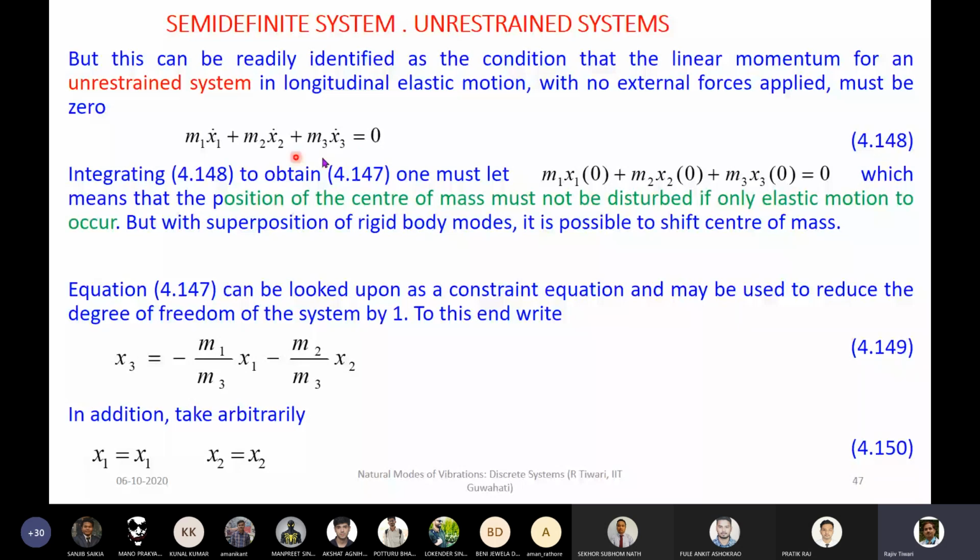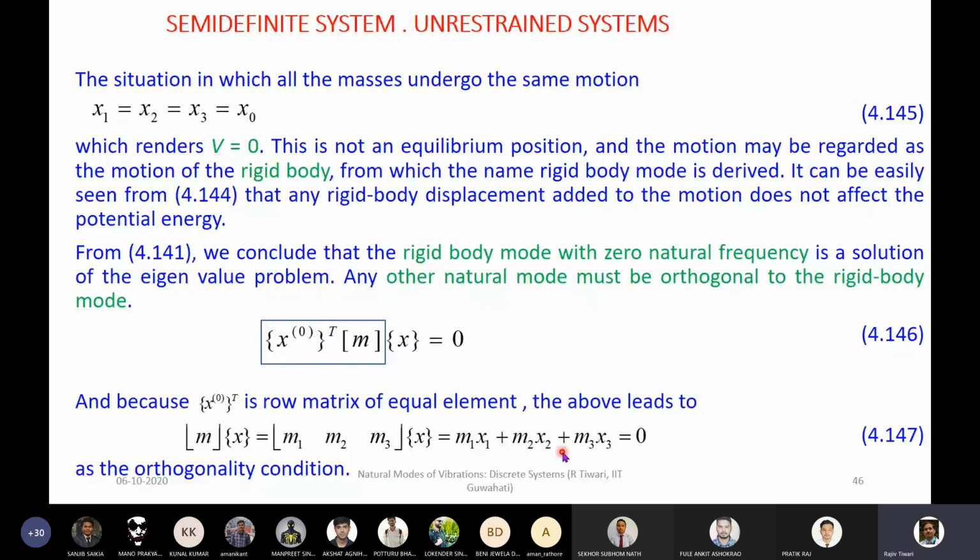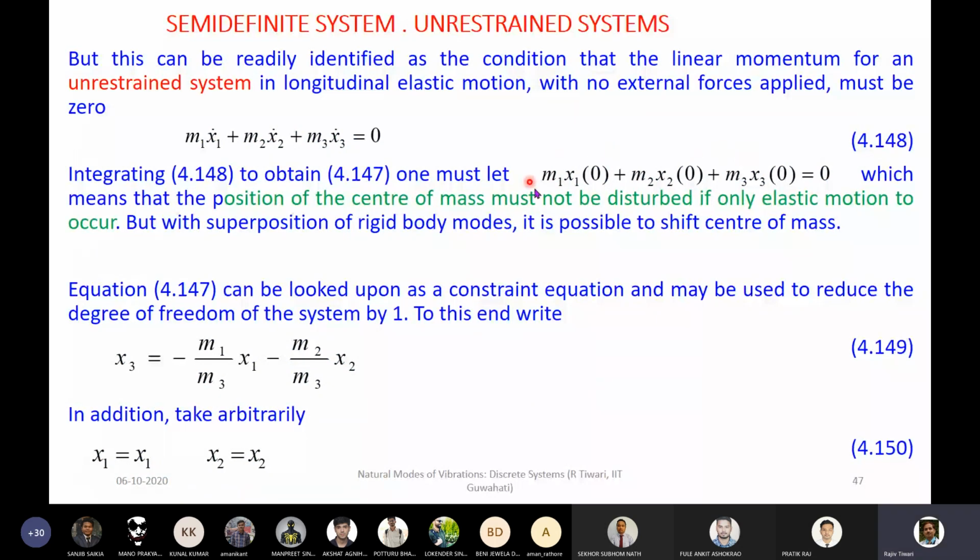If we want to go back by integrating, the only thing we need to see is the initial condition we need to satisfy, which represents that the center of mass of the system should not get disturbed if we want only the elastic motion to take place.